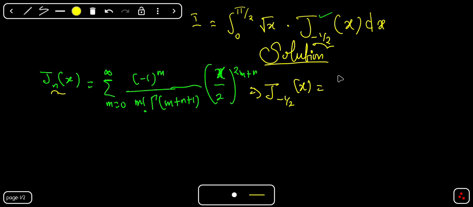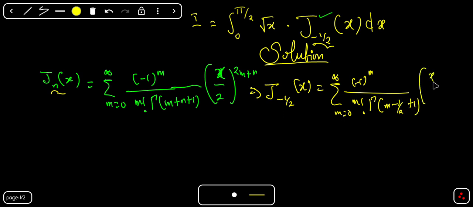Then this will be equal to the sum of m from 0 to infinity of minus 1 raised to the power of m, over m factorial gamma of m minus, n is now negative 1 over 2, so we have negative 1 over 2 plus 1, times x over 2 raised to the power of 2m minus half. Minus half plus 1 would surely give us half.